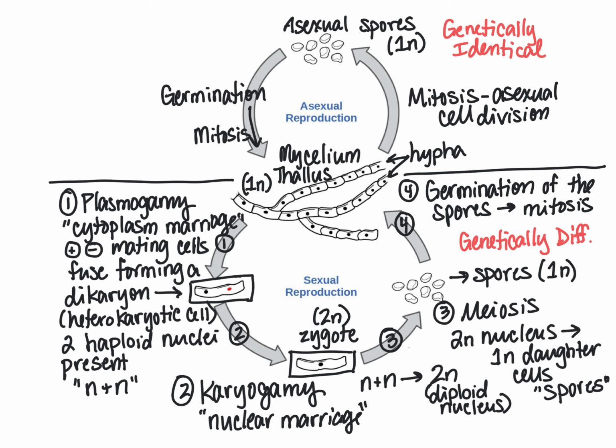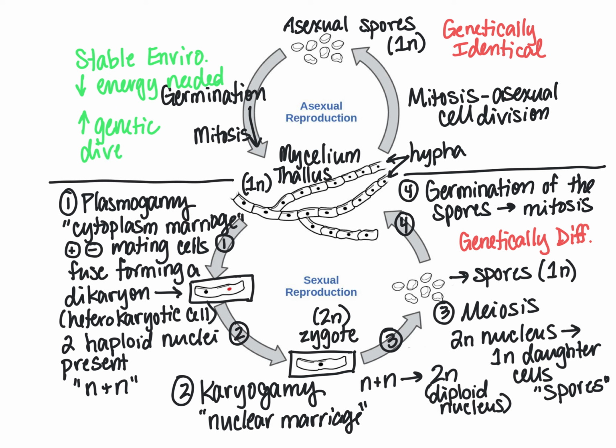Asexual reproduction is more favorable in stable environmental conditions, because less energy and resources are needed for it to occur, and genetic diversity, or increasing the current genetic diversity, is not as important.